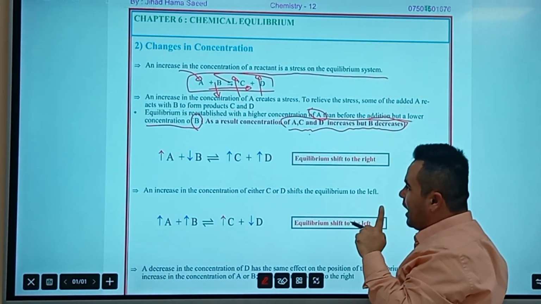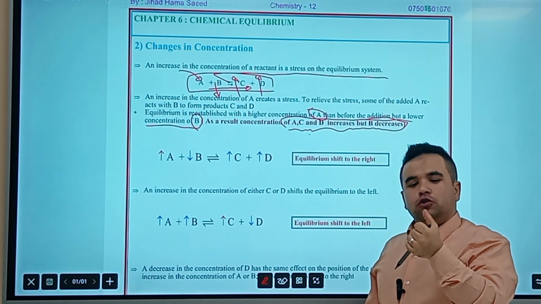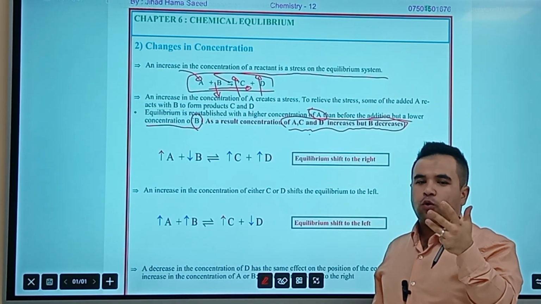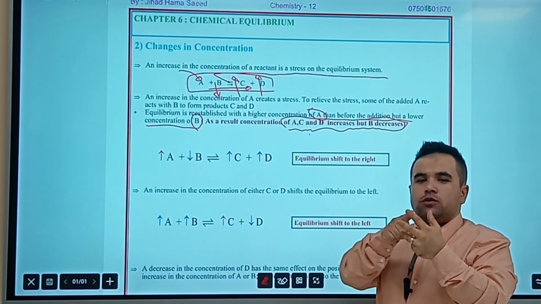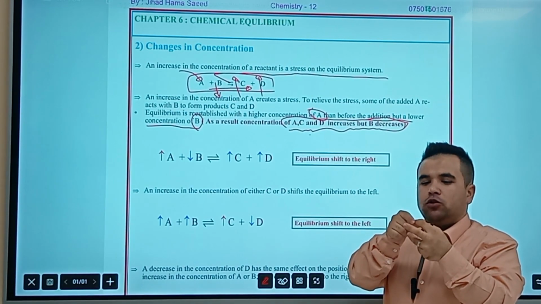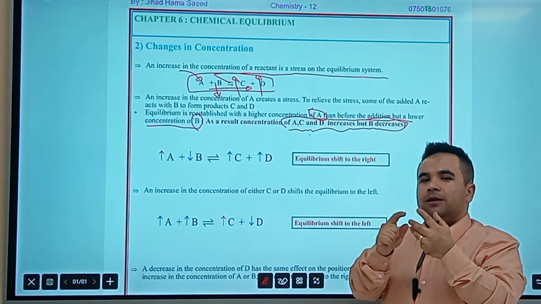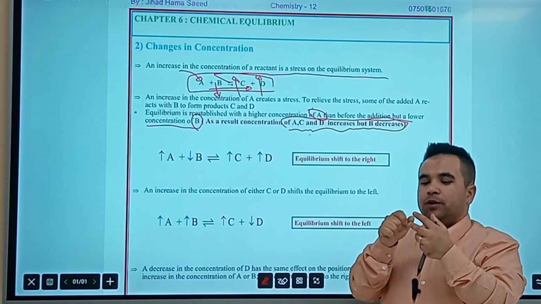So let me tell you guys, in concentration, first you have to check whether it's gas, aqueous, solid, or liquid. If gas or aqueous, changing the concentration affects the shift, and I'll be talking about how it affects. But for solid and liquid, changing the concentration does not affect the shift in equilibrium.